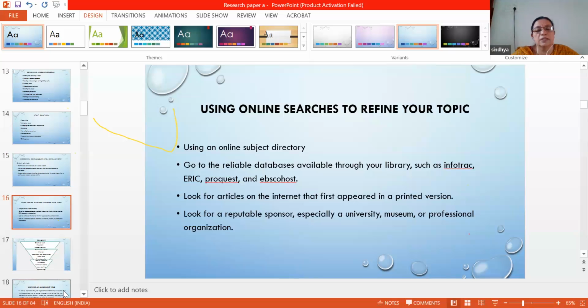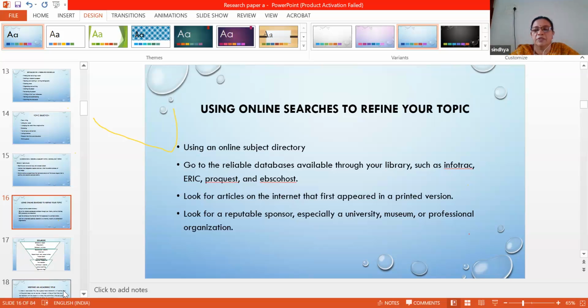And there are InfoTrac, ERIC, ProQuest, Ipsos. All these are different reliable databases available through which you can search your topic, whether it is undertaken anywhere, what tools were used, and whether the tools are applicable for this research. So all these can be researched, and you can conduct a review on these databases, and articles on the internet.